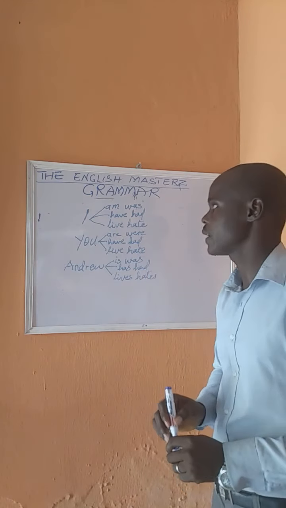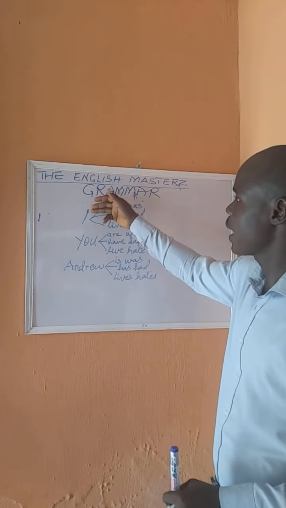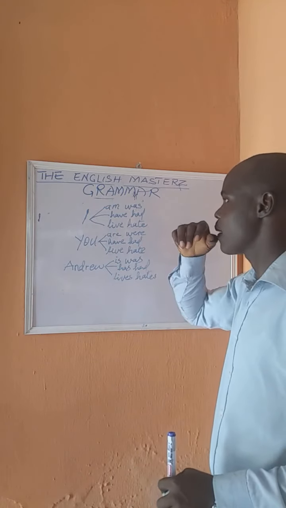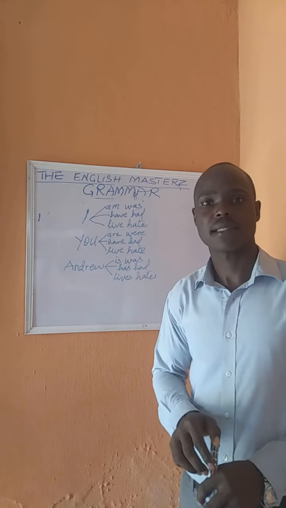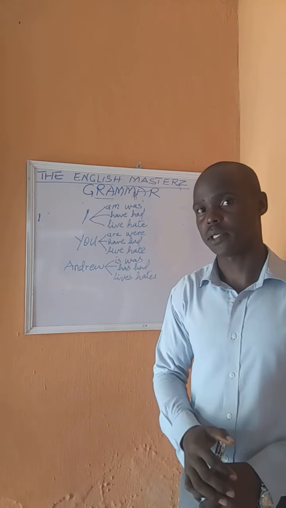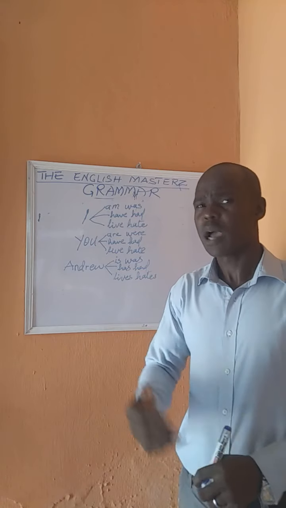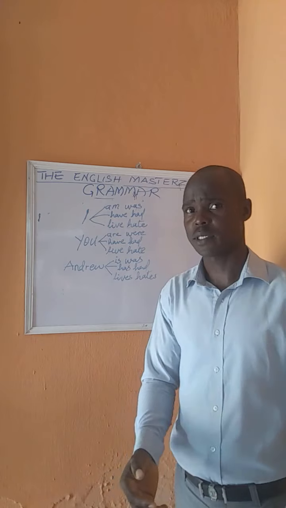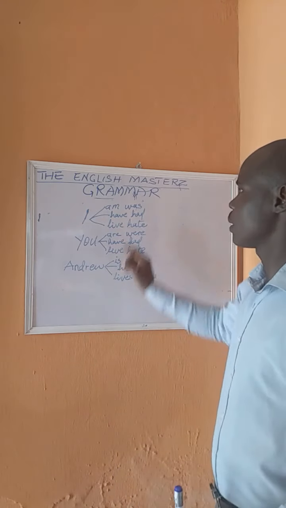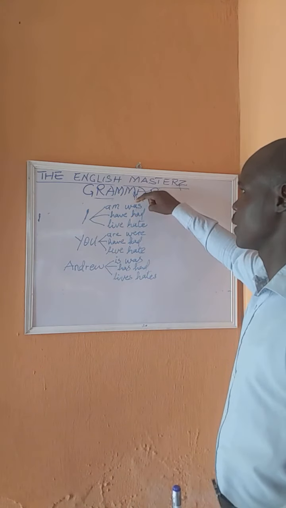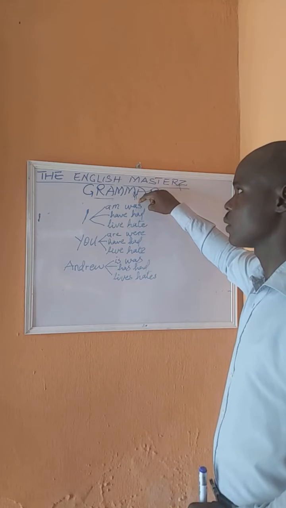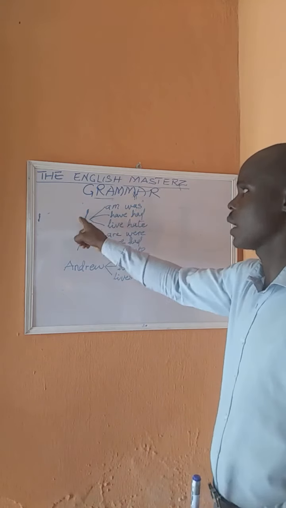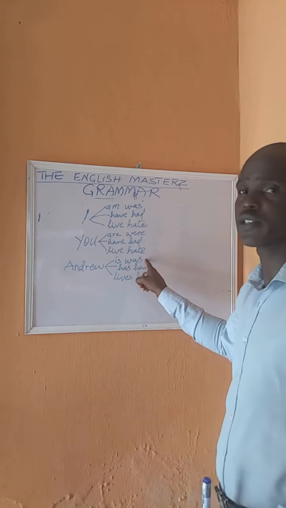So now you see that I and you are often treated as plural subjects. Take note. Are often treated as if they were plural. Do you understand? Fine. So if you check very well, you find that it's only was. Okay, here that goes with I. That also appears at Andrew.